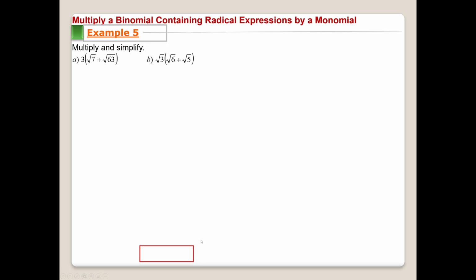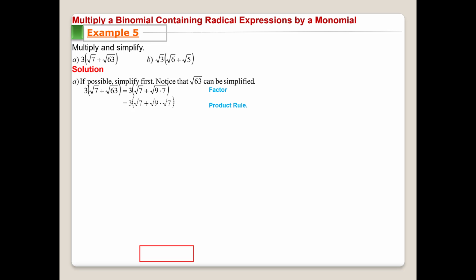Alright, so now let's multiply these through and simplify these. We have 3 times the square root of y plus square root of 63. So let's simplify. Square root of 7 we can't, but of course square root of 63 we can. So we'll factor it out. So we can look at this and say 9 times 7 gives us 63.